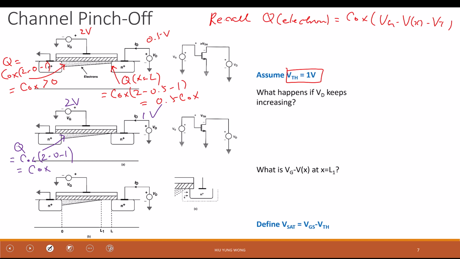Of course, this is a first order approximation. But at the drain end, Q equals C ox times Vg, still 2, minus Vx, which is 1 because Vd is 1 now, minus Vth, which is 1. You get no charge.